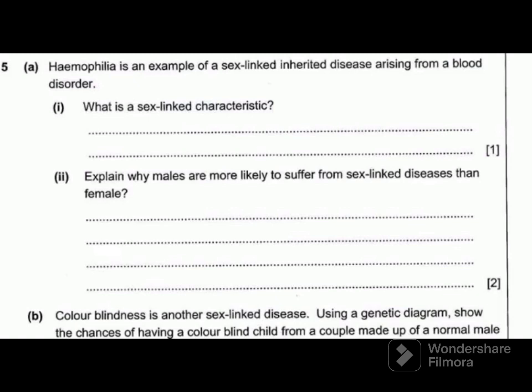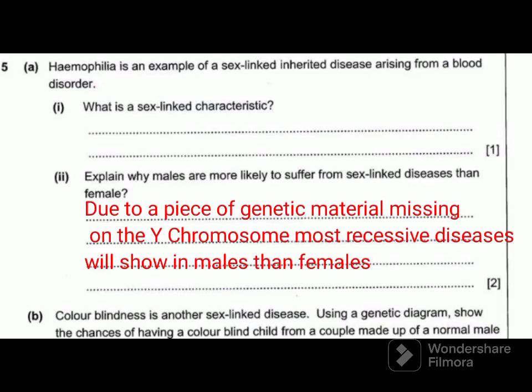It is due to a piece of genetic material missing on the Y chromosome that most recessive diseases will show in males as compared to females.